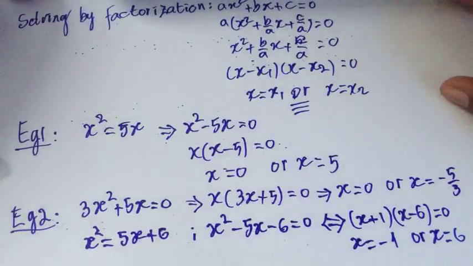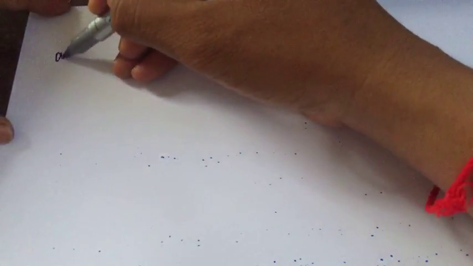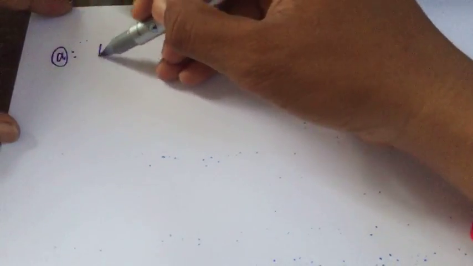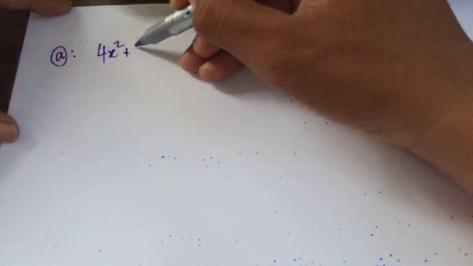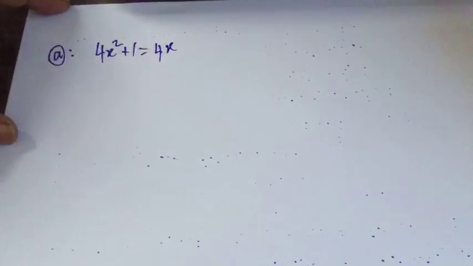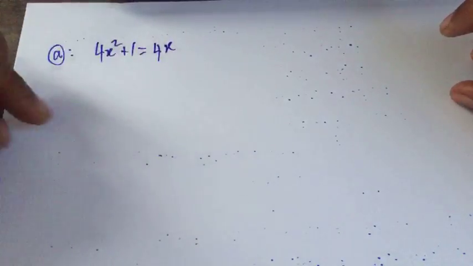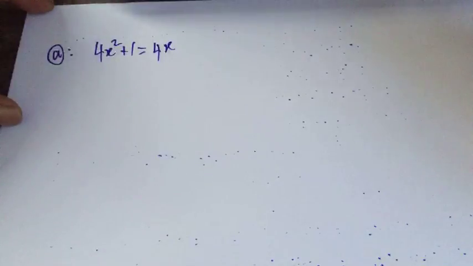Now if I have another function, 4x squared plus 1 equals 4x, how can we find the value of x, or the root of the quadratic function?